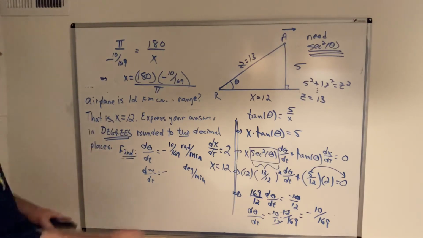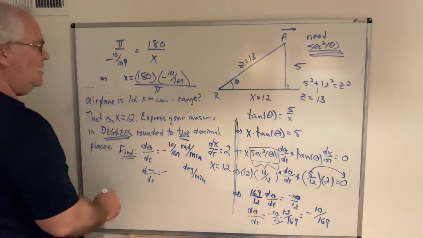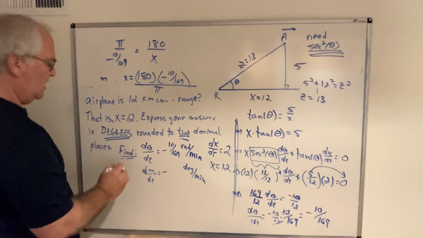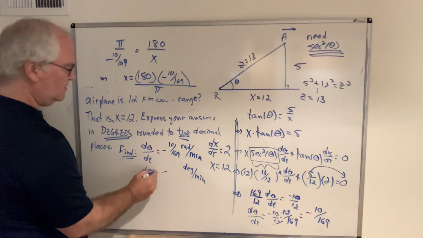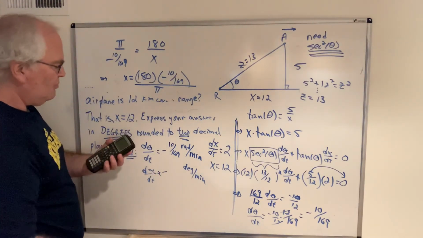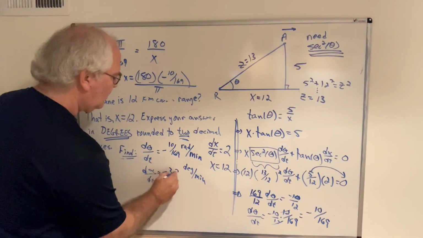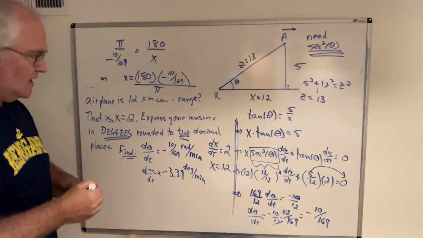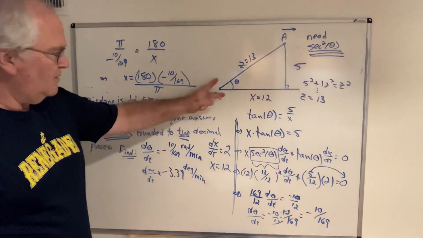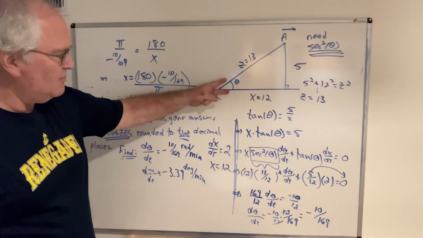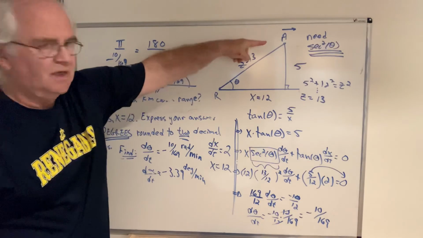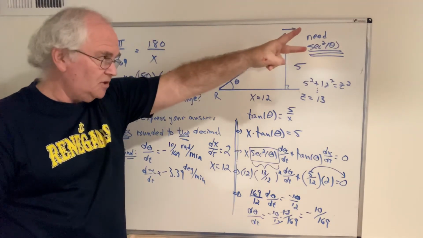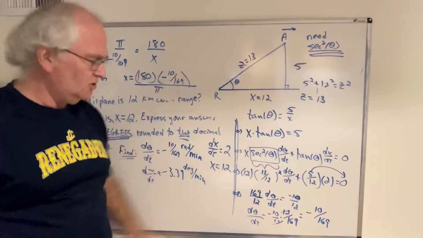I want 2 decimals. So this is now approximately equal to negative 3.39 degrees per minute. And what that tells you is that's fairly slow. Almost 3.5 degrees per minute, that's pretty slow. Because this thing's way down range, it's not changing very fast, that angle of elevation.